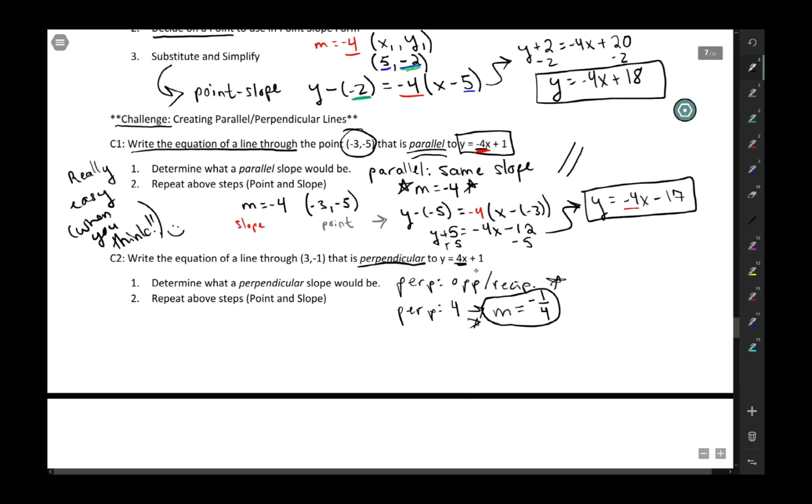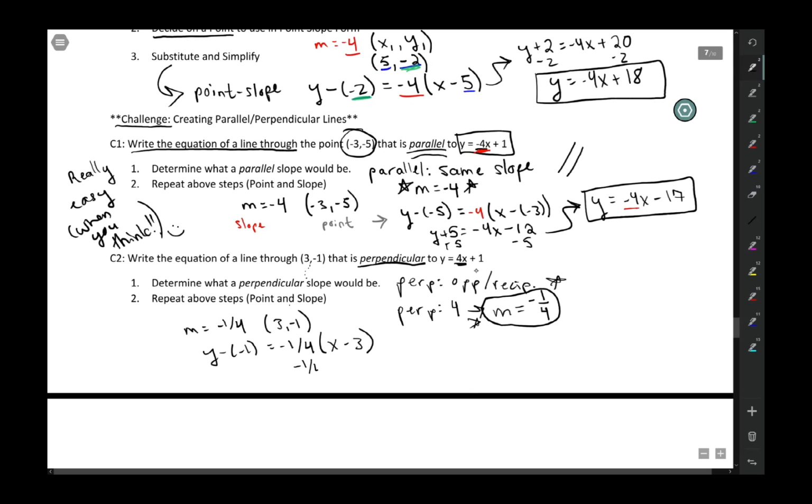Now again, once you decide your slope, we have a point, 3, -1, and a point and a slope, point-slope form. So y minus -1 equals -1/4 times the quantity x minus 3.